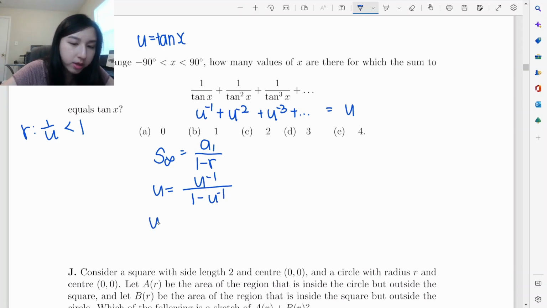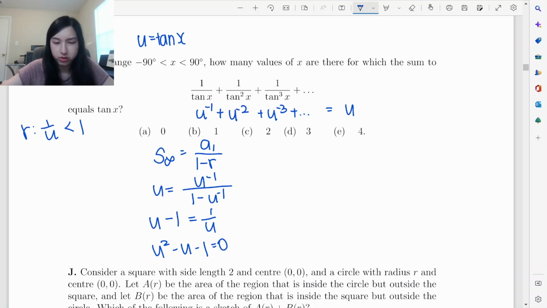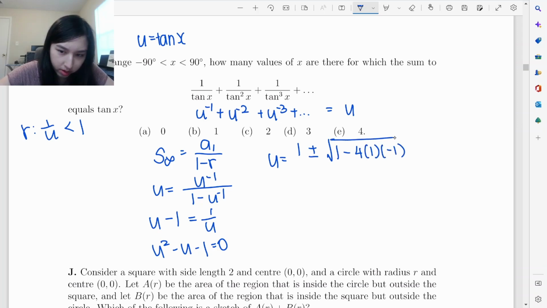Should cross multiply. u minus 1 equals 1 over u. u squared minus u minus 1 equals 0. u equals 1 plus minus square root of 1 minus 4 times 1 times -1, over 2, which is 1/2 plus minus square root 5 over 2. There we go.